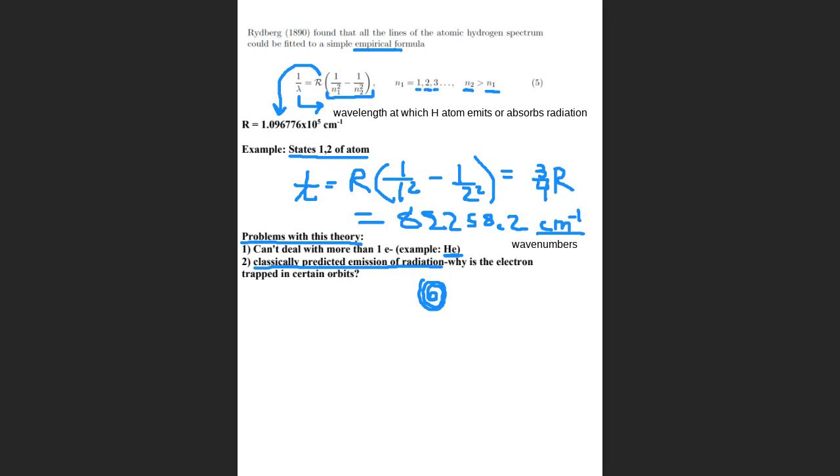Classical physics basically predicts that this kind of model of the atom is not stable. So why is the electron stuck in these orbits, which is in fact what makes the atom stable? Okay, Bohr didn't have an answer.